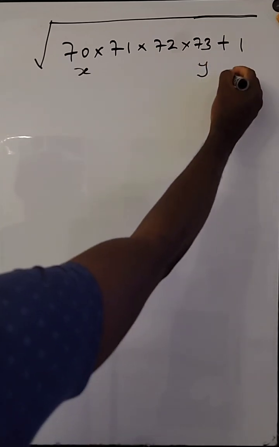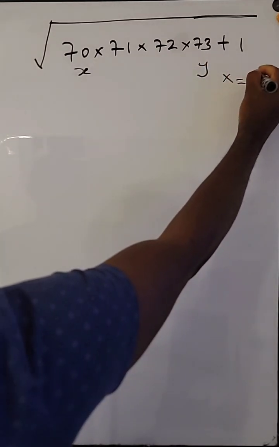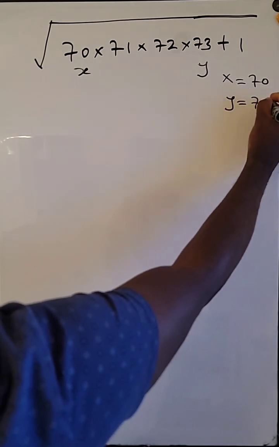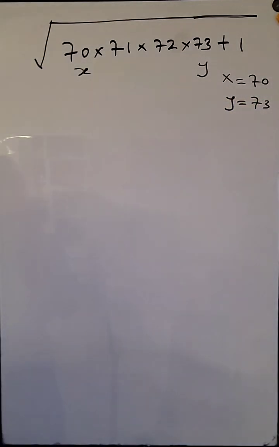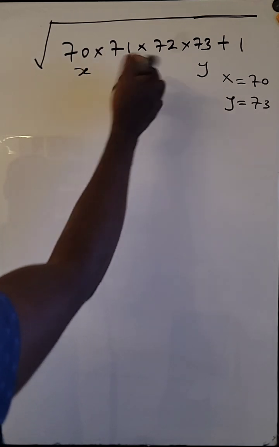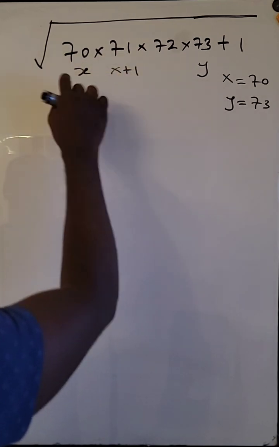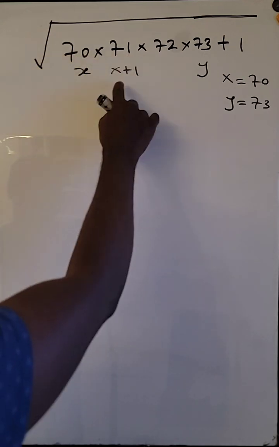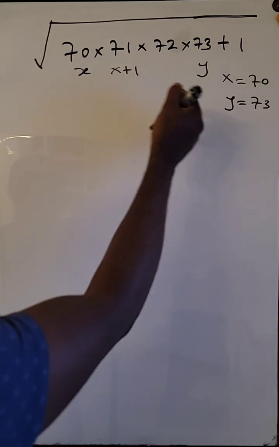So what I'm just doing in essence is calling 70 equal to x, and 73 equal to y. Now, it is safe to call 71 x plus 1. So if x is 70, then 71 is x plus 1.